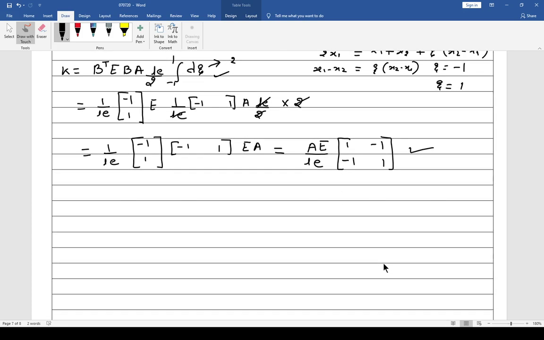So this is how we got the stiffness matrix. Finally, I can say I have derived K as AE by LE times 1 minus 1, minus 1 1, with the local coordinate system.